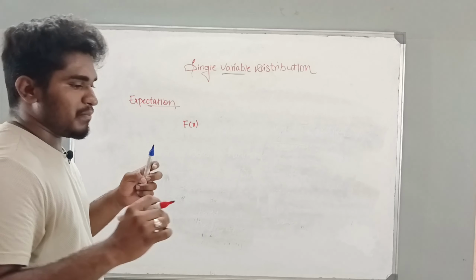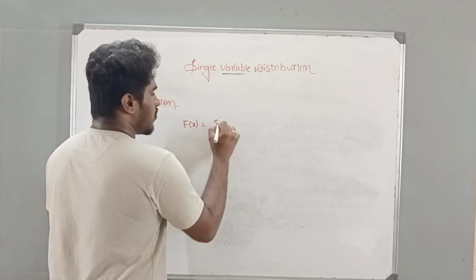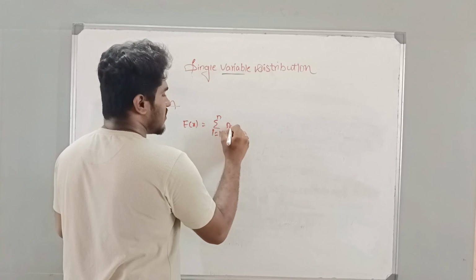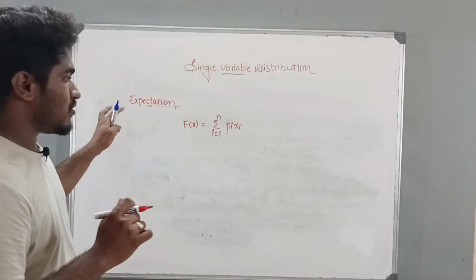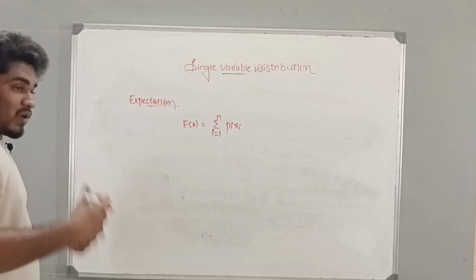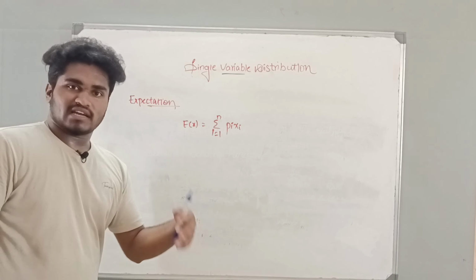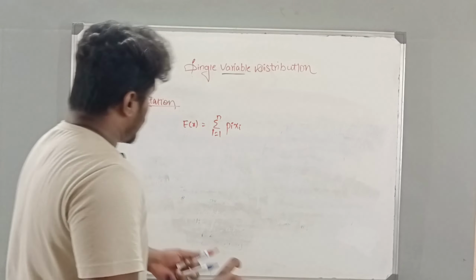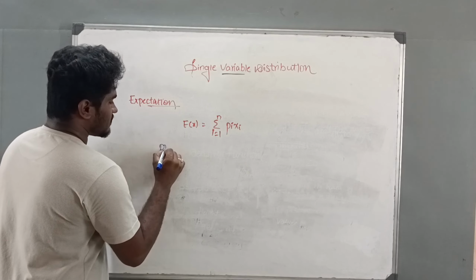It is computed as the sum of i equals 1 to n of pi times xi. Just make a note of what expectation, mean and variance are. We'll discuss the problems in the next videos, no worries. Then we have some properties of these expectations as well.